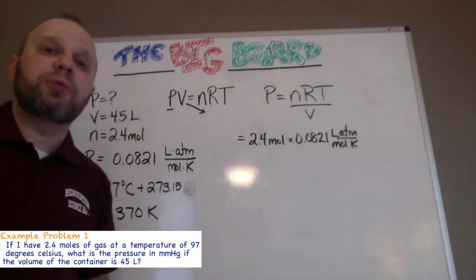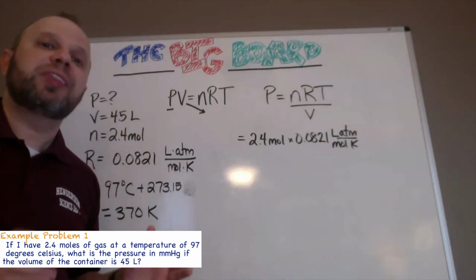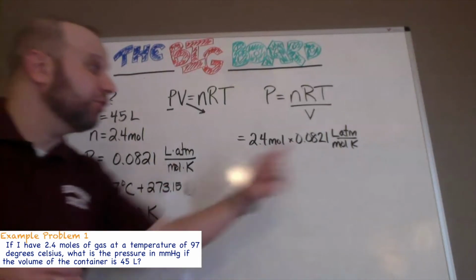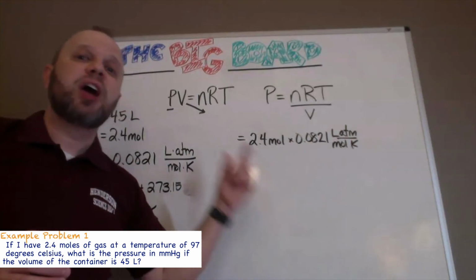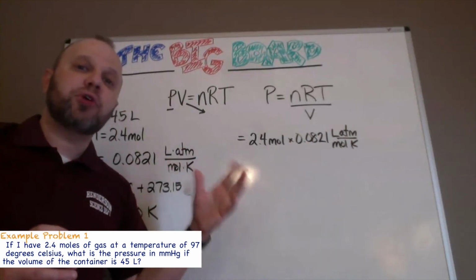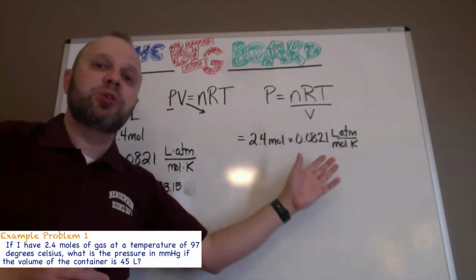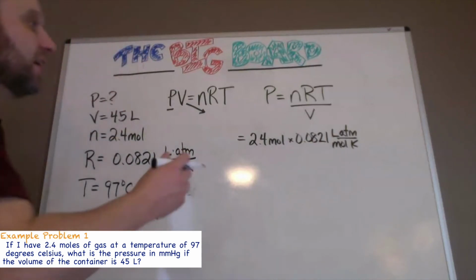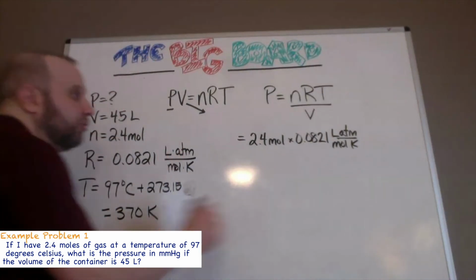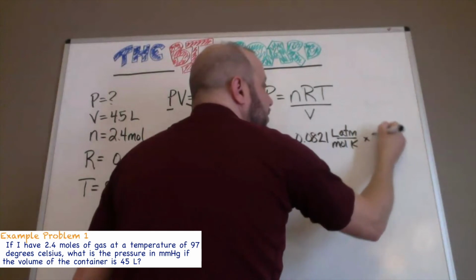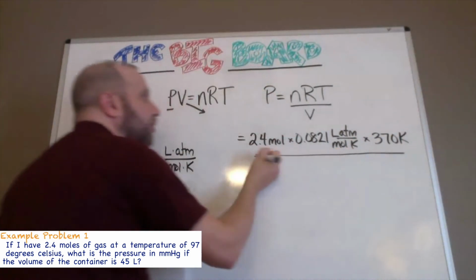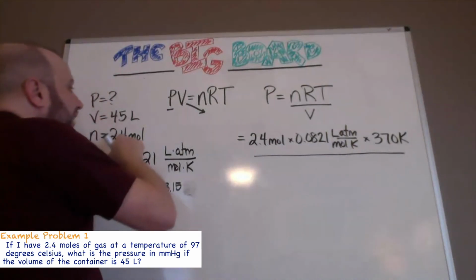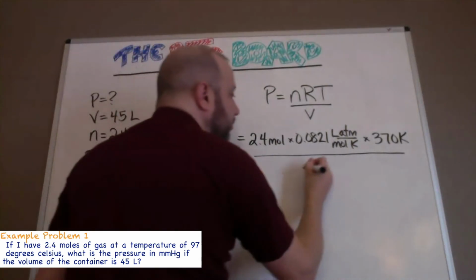The reason why we need specific units when we're dealing with the ideal gas law is because of R. Because R has these units and we need our units to cancel out, we need to make sure our pressure, volume, and temperature match up with the units that we have in R. If I continue, I have 370 Kelvin, so that's going to be in this last part here. And then we're going to divide the entire thing by our volume. In this case, our volume is 45 liters.